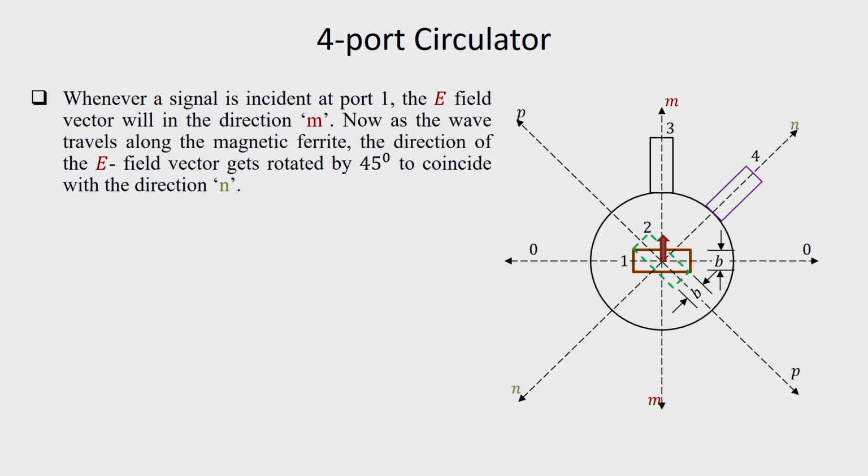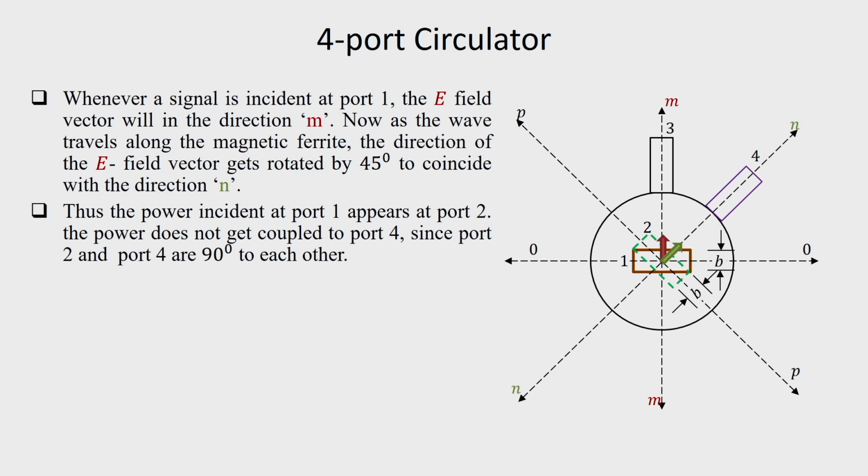Now, as the wave travels along the magnetic ferrite, the direction of the E field vector gets rotated by 45 degrees and it coincides with n, and therefore, the power incident at port 1 will now appear at port 2.